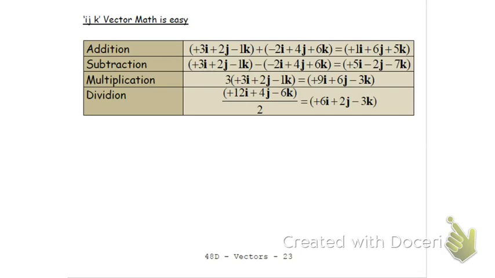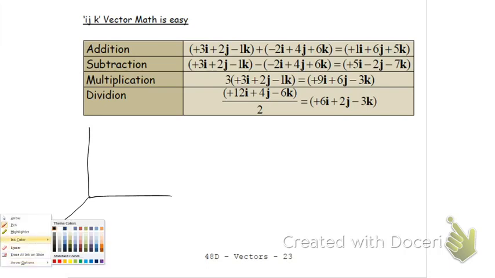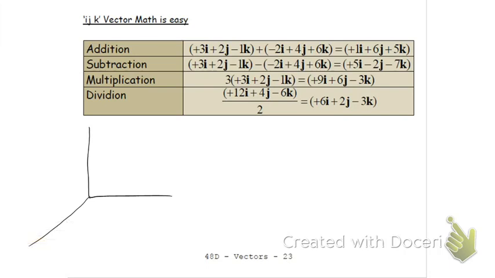Here's the big, wonderful thing. I give you a vector. Let's draw this vector. I'm going to say 3i, 2j, minus 1k.